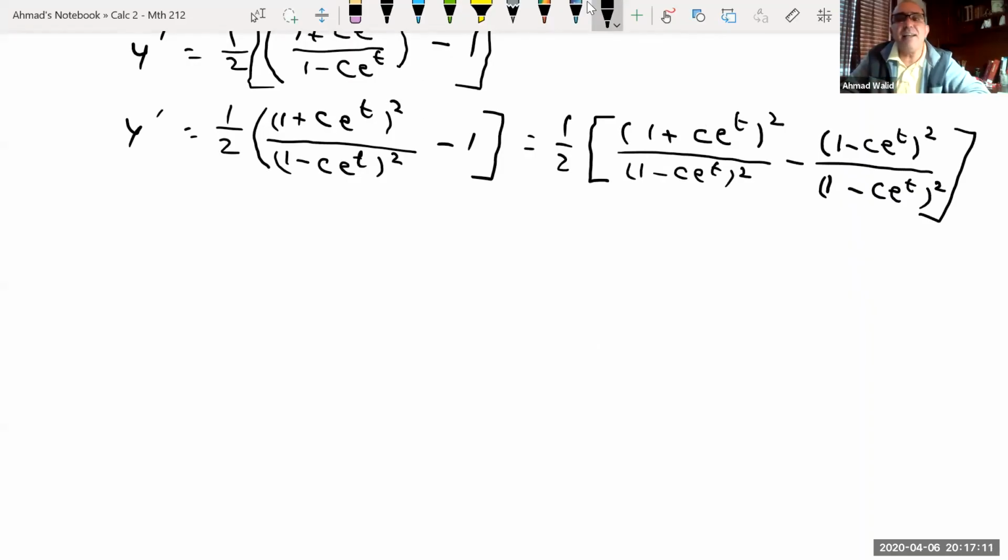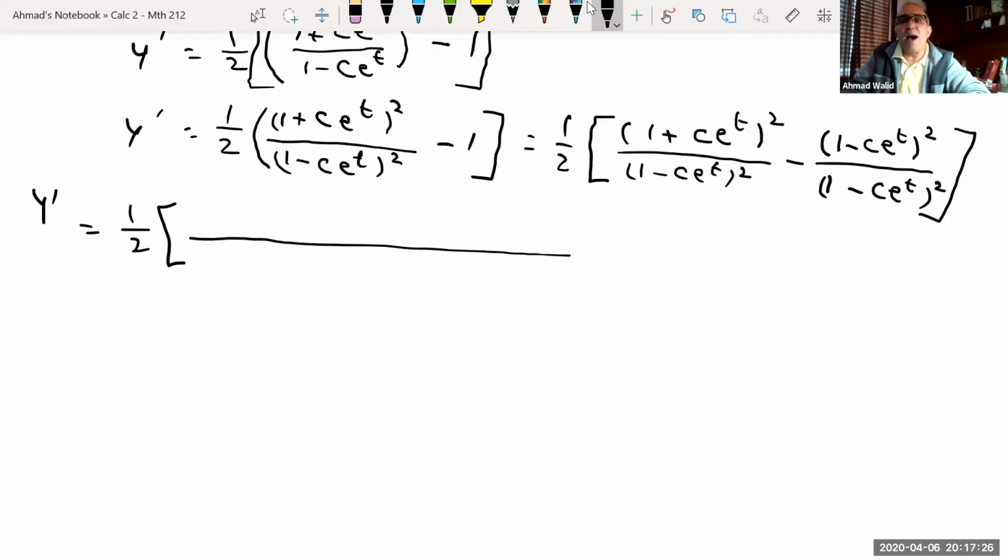Now let's simplify this part, right? Then I can write y prime equals 1/2 bracket, a big fraction bar. What is 1 plus ce to the power of t all square? Use the (a plus b) all square formula.